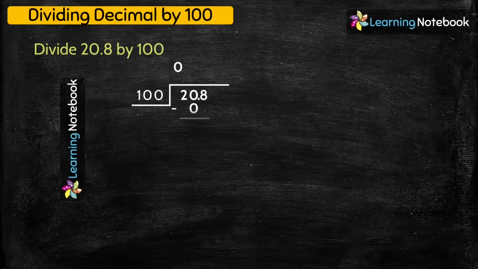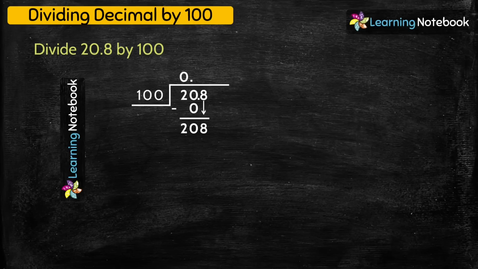So we will do 100 into 0 equals 0, and 20 minus 0 equals 20. Now division of whole number part is complete. So let's put a decimal point in the quotient. Now let's continue with the division.